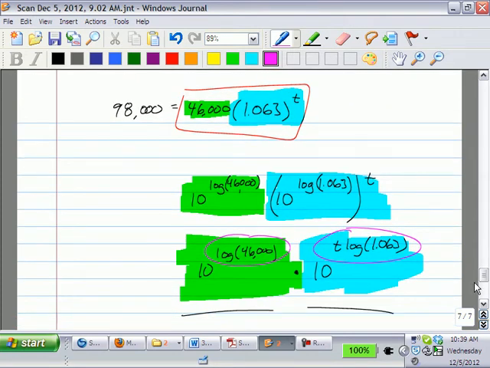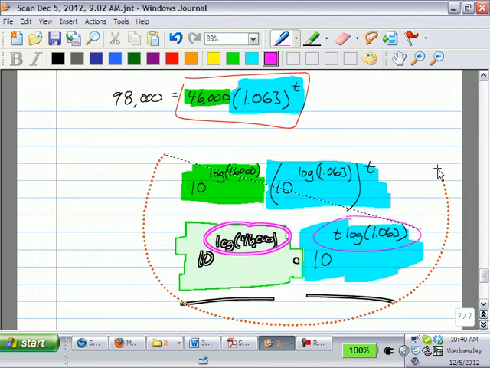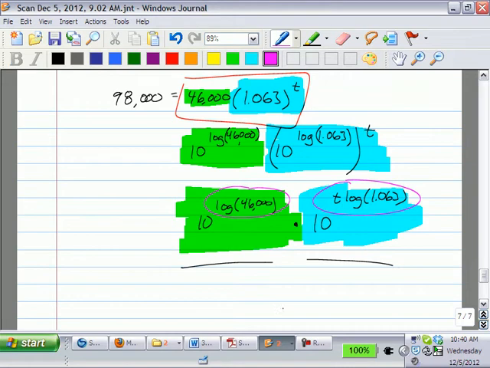So this was number 5 again. We said, well, what if you chose not to divide both sides by 46,000 to start? So it's possible to rewrite the right-hand side in base 10. So the right-hand side is really 10. What did you guys say these two were going to get combined with? Addition or multiplication?